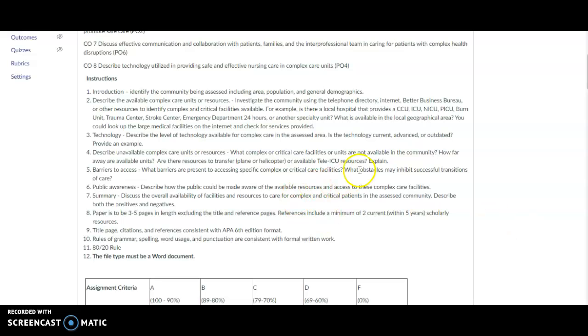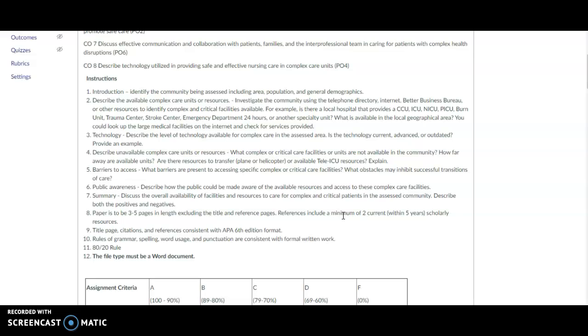You have an introduction and then a description, technology, what's not available, barriers, public awareness, and summary, and I will go through each one of those. The paper is 3 to 5 pages in length, and remember to include a title and reference page, and please remember to go back and format it in 7th edition, which can be found on your Pages tab, and how to do that.